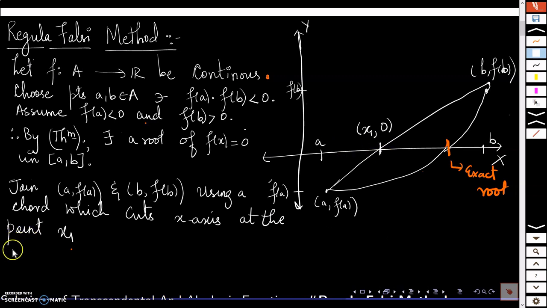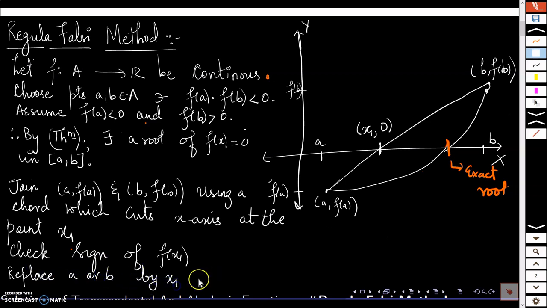Now what you do is check the sign of f of x1. This x1 point which I've obtained, you check the value of the function at that point. Depending on the sign of f of x1, you are going to replace a or b with x1. The value, as you can see in this particular graph, is down, so it's negative. So replace a or b by the point x1 depending on the sign of f of x1.